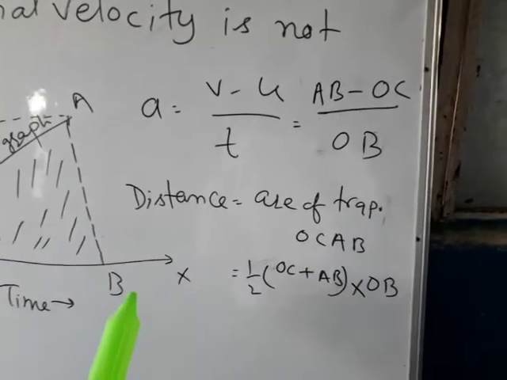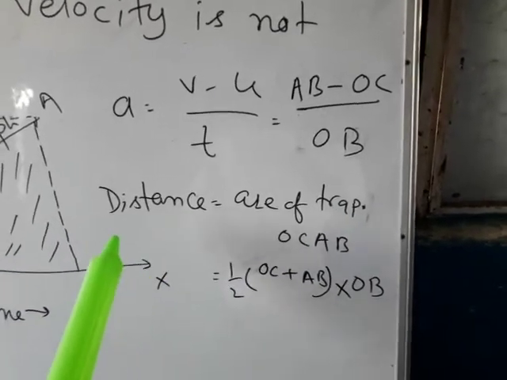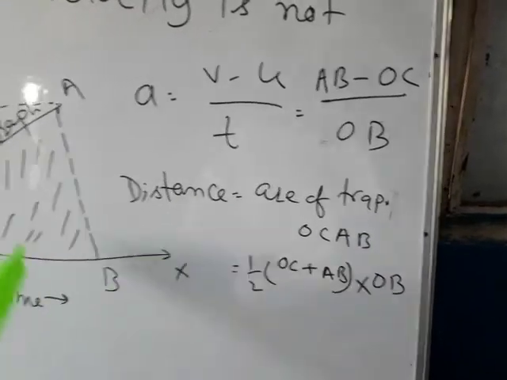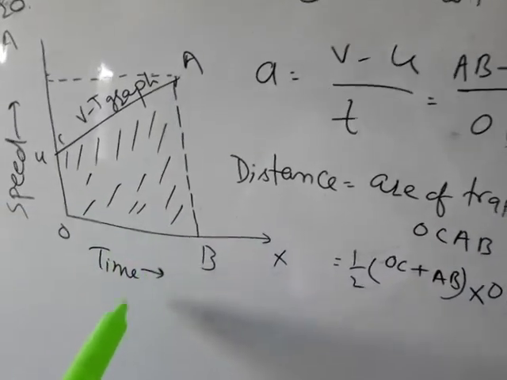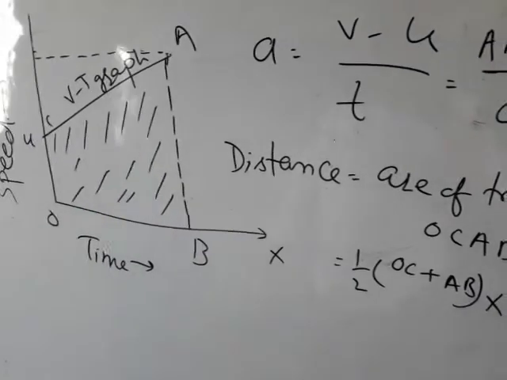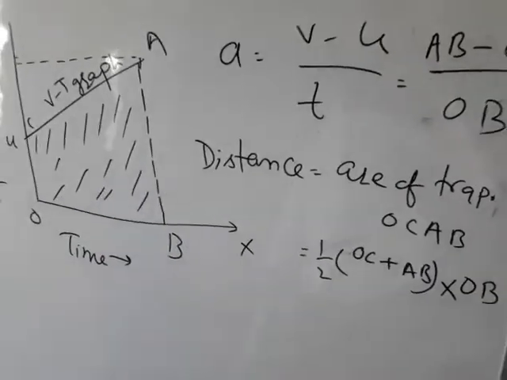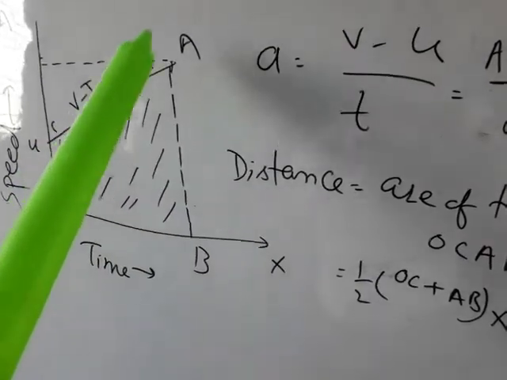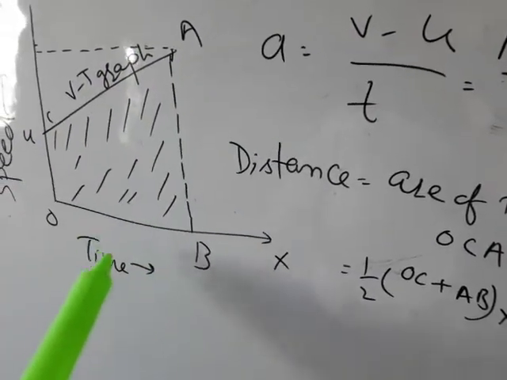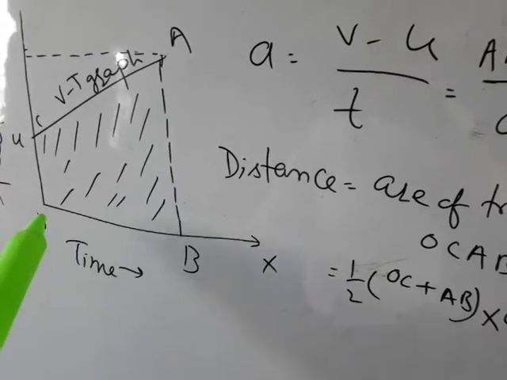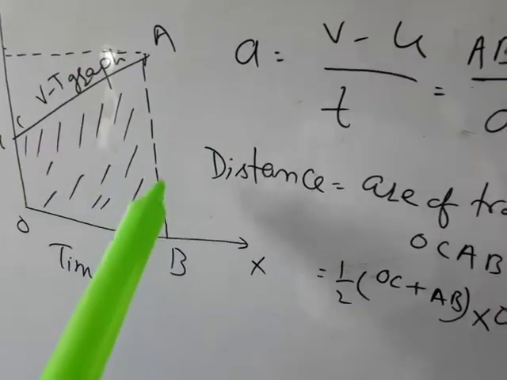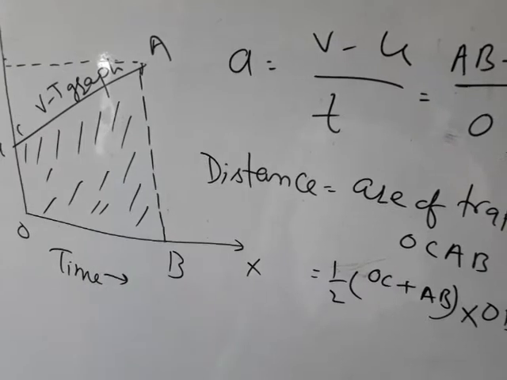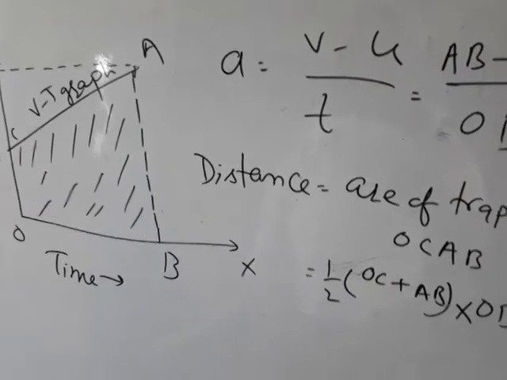Now we will discuss distance. Distance is equal to the area enclosed by the v-t graph. Therefore, the area of trapezium OCAB will be the distance covered by the moving body.